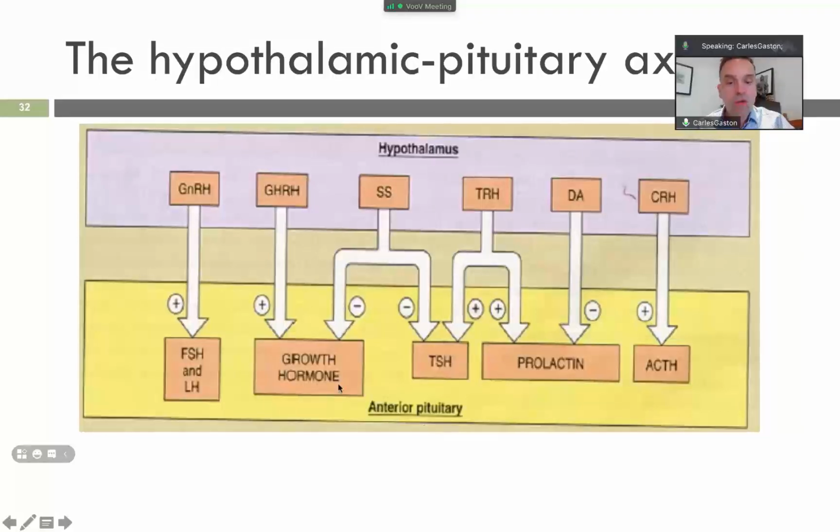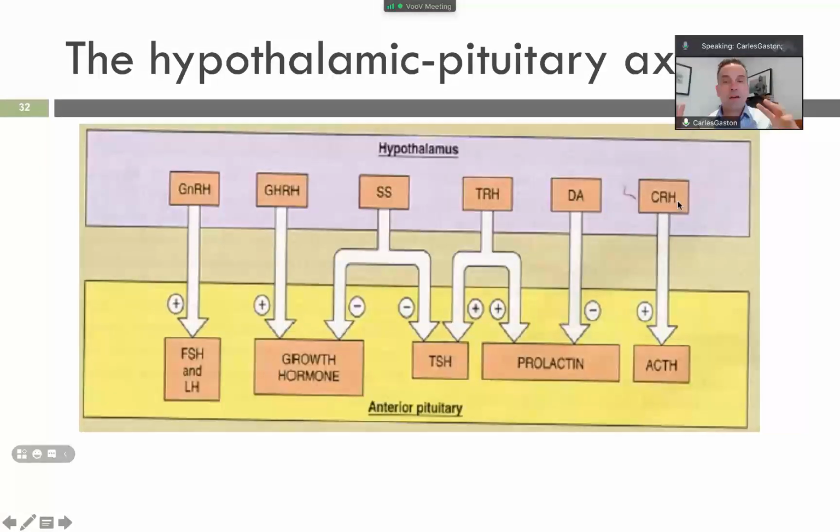In yellow, you have the anterior pituitary. At the top row, we have the neuropeptides that the hypothalamus secretes. The first one is GnRH, or gonadotrophin releasing hormone, then GHRH, or growth hormone releasing hormone, SS, or somatostatin, TRH, thyrotropin releasing hormone, DA, which is dopamine, and CRH, corticotrophin releasing hormone.